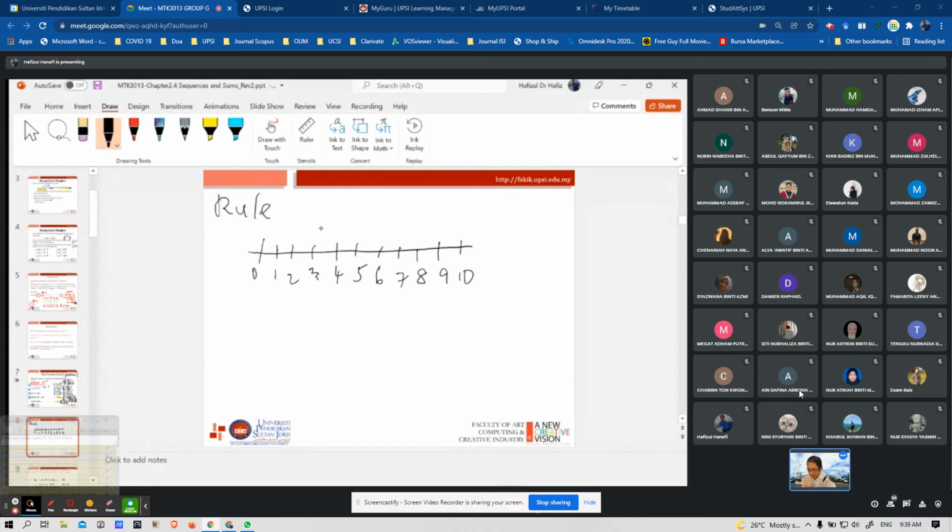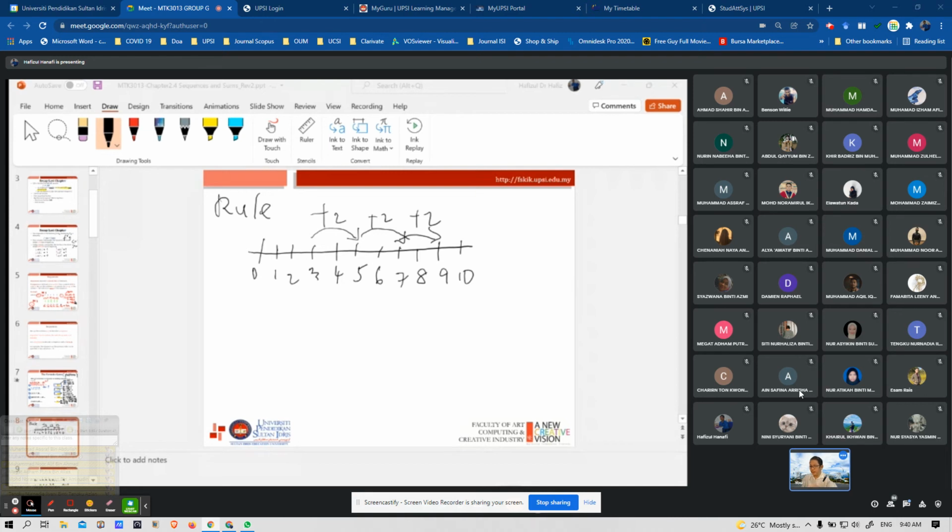This one we jump 7, this one we jump 9. Okay, this one plus 2, plus 2, plus 2. For this example, the sequence we have is 3, 5, 7, 9: start at 3 and jump 2 every time.